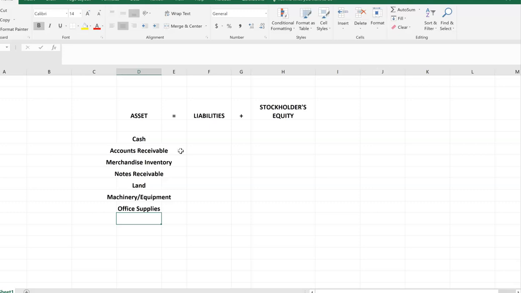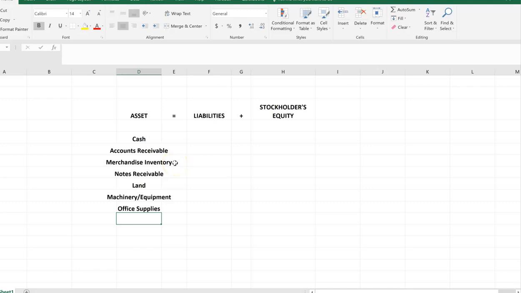Some people come into my store and they pay me directly when they buy the lamp and they leave with the lamp. Some people, I will give them credit and they'll pay me, let's say, in 30 days. Those people I have to keep track of in the account called accounts receivable, or rather the amounts that I am owed. I haven't been paid yet, but I am owed based on what I've sold, and the customer owes me money. That's kept in accounts receivable.